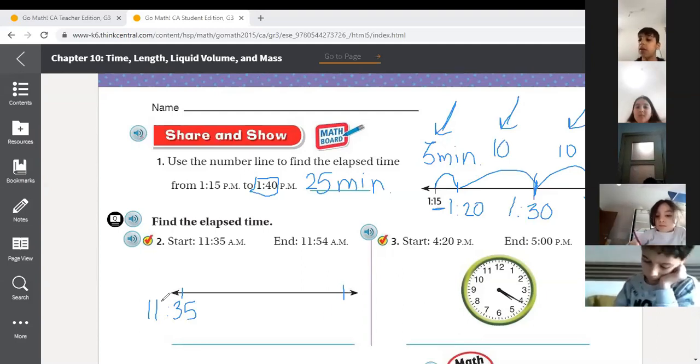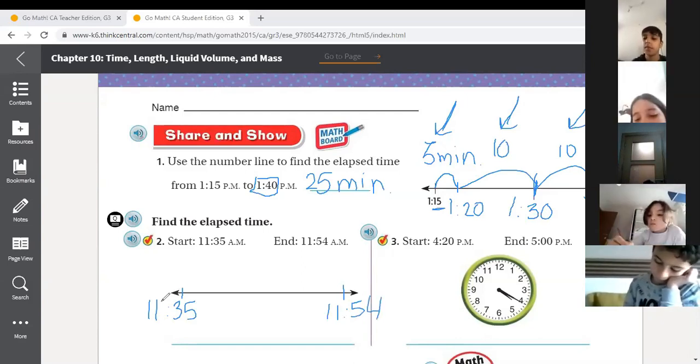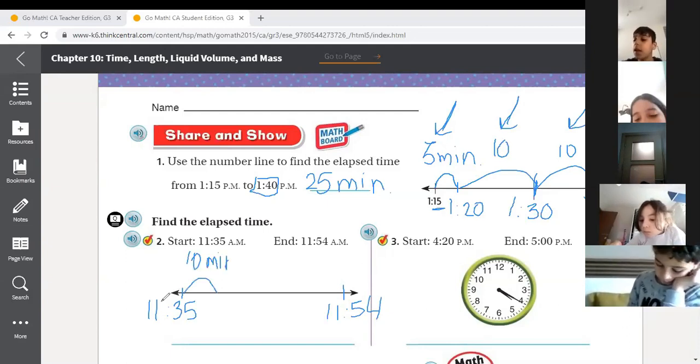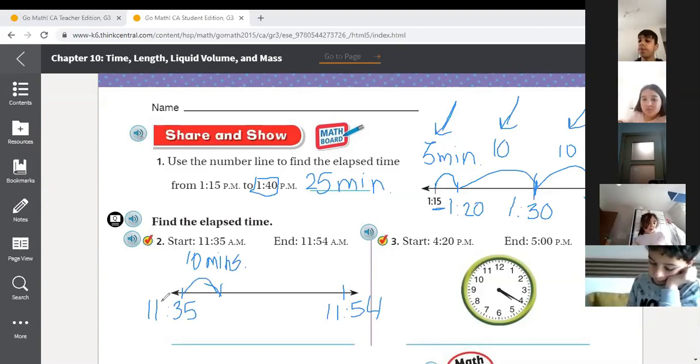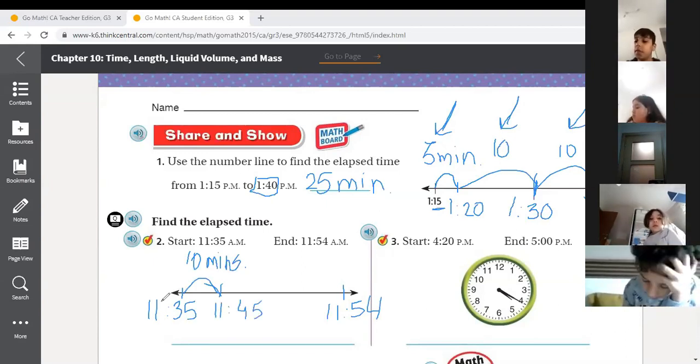Let's start by adding 10s like we did in the first example. So if I add 10 minutes here, 35 plus 10 is going to be? 11:45.